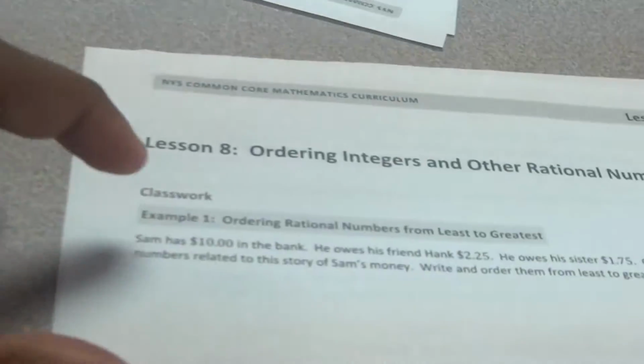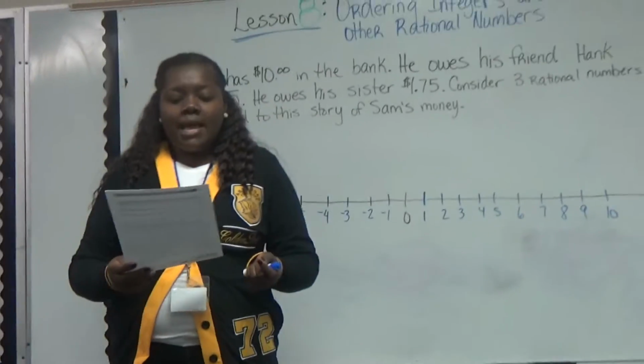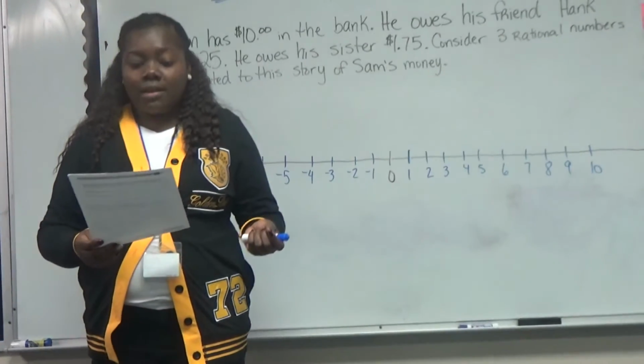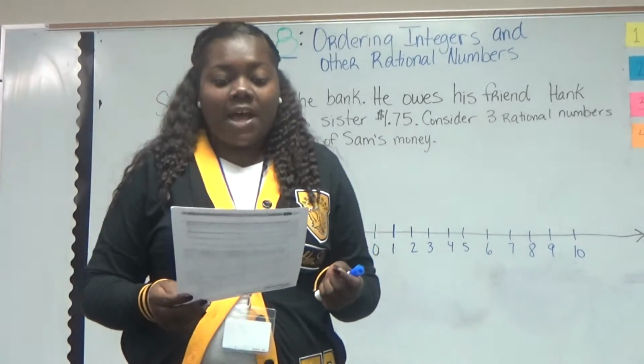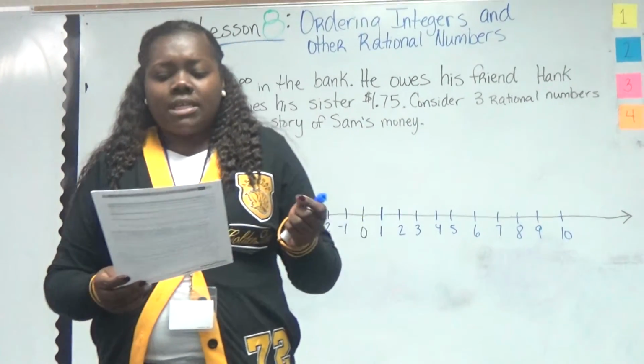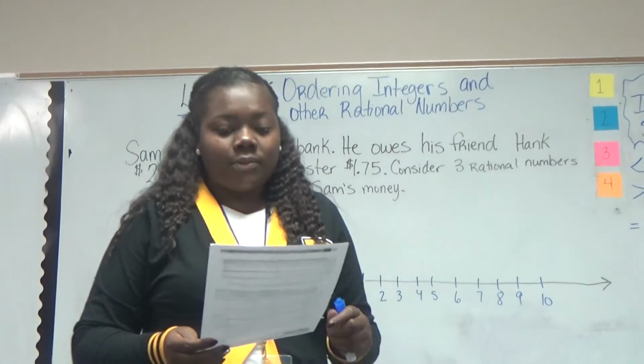If you'll track your paper and read as I read, it says, ordering rational numbers from least to greatest. Sam has $10 in the bank. He owes his friend Hank $2.25. He owes his sister $1.75.